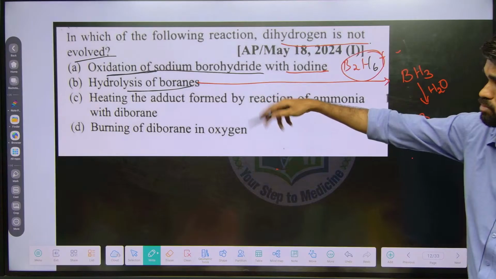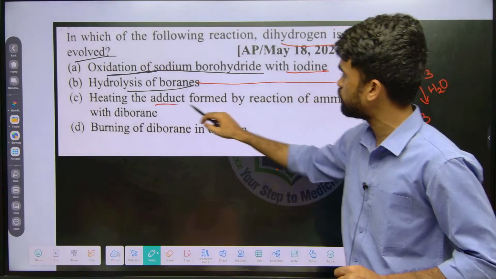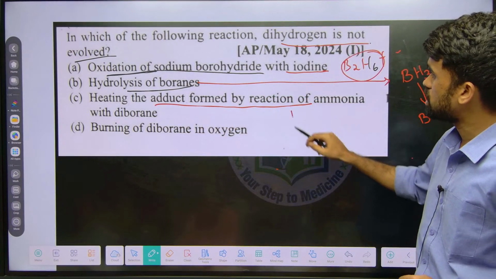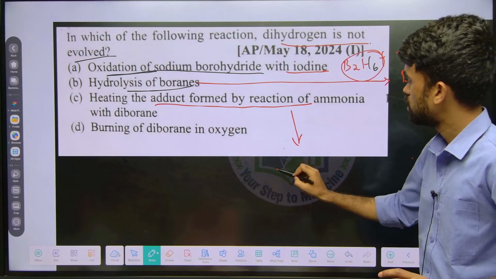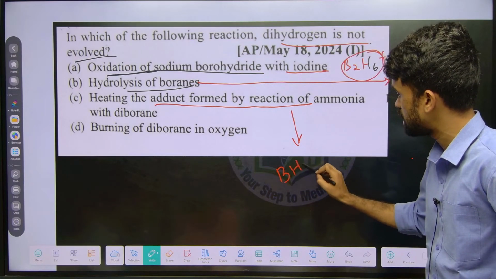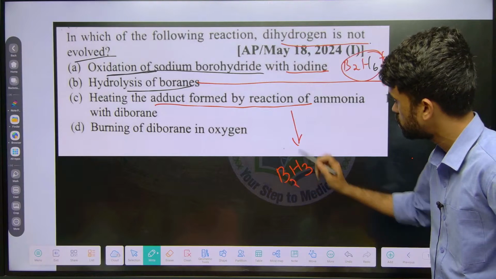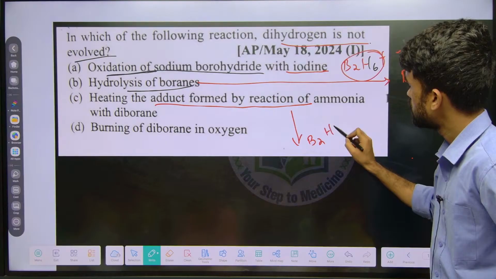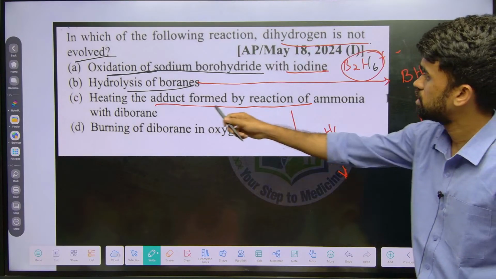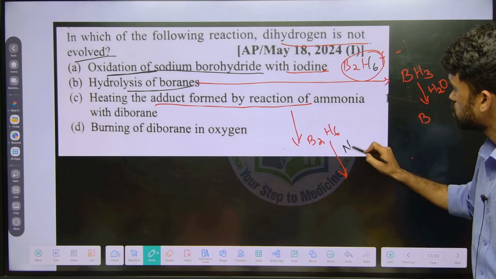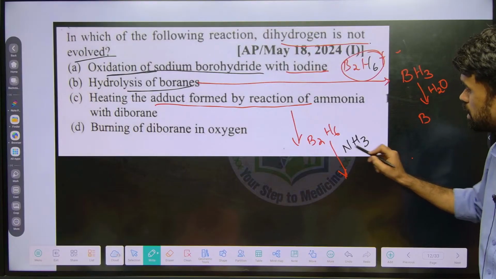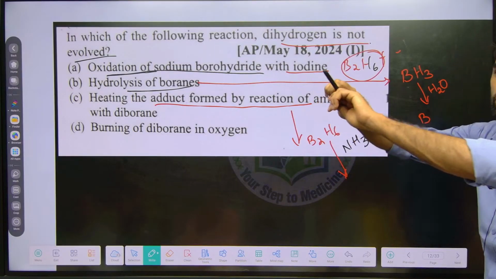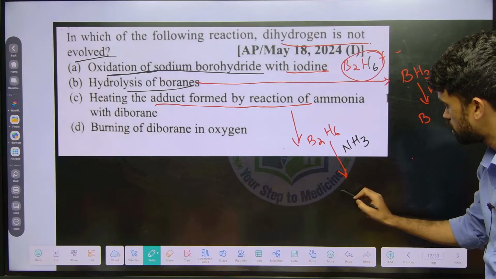Let's just observe these two things. Heating the adduct formed by the reaction of ammonia with diborane. So diborane, B2H6, is treated with ammonia. First, B2H6 breaks into two equal halves. It means BH3 is formed.